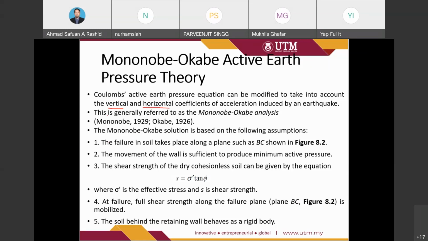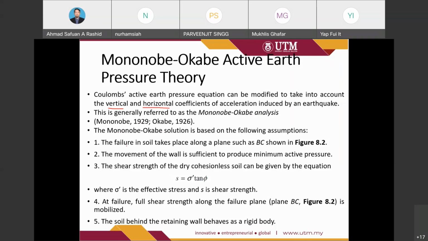This is generally referred to as the Mononobe-Okabe analysis, which was proposed in 1929; it is actually from Okabe in 1926 and then improved by Mononobe in 1929.